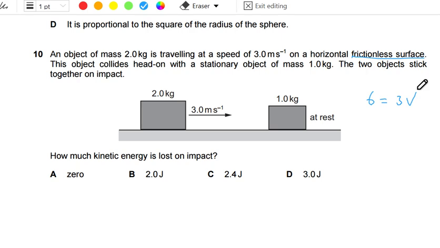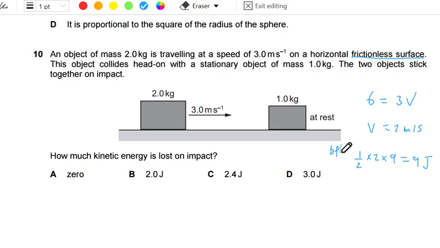Okay, so we have v equals 2 meters per second, and for kinetic energy before, it is half times 2 times v squared, which is 9 joules.